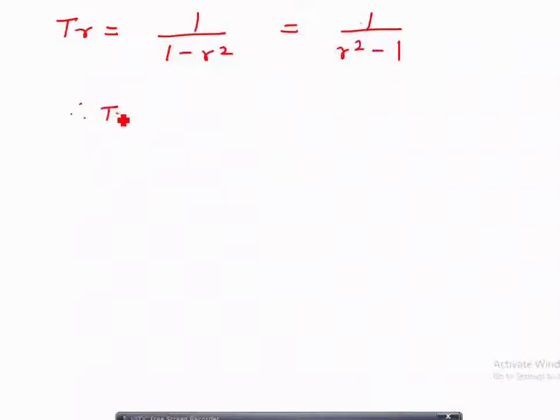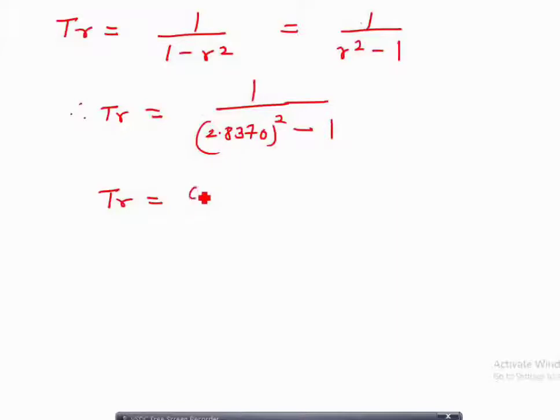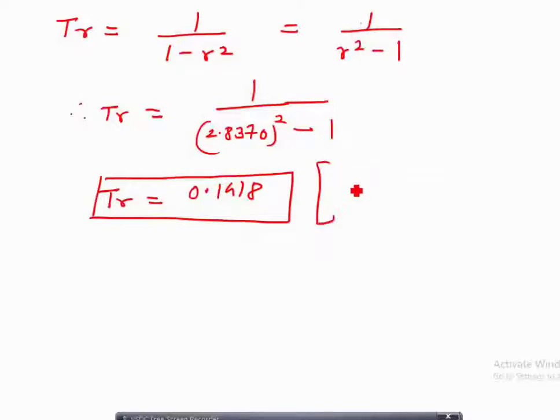So now what is my transmissibility? As per the graph, you should get transmissibility less than 1, which is equal to 1 upon 2.8370 minus 1. Now I am getting transmissibility as 0.1418. So from the graph and from the calculation, I have confirmed that the transmissibility is less than 1 when r is greater than root 2.